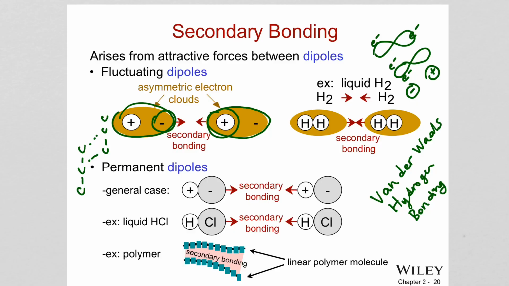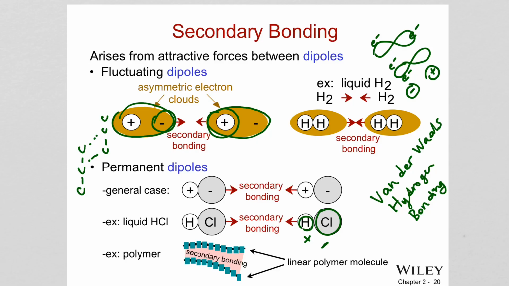And on the other hand, hydrogen bonding is stronger. It is not temporary, it's permanent. It doesn't have this fluctuating character, it's permanent dipoles. One example is hydrogen chloride. Why is it permanent? Because chlorine is more electronegative than hydrogen, pulling the electrons towards itself, making the chlorine side more negatively charged.